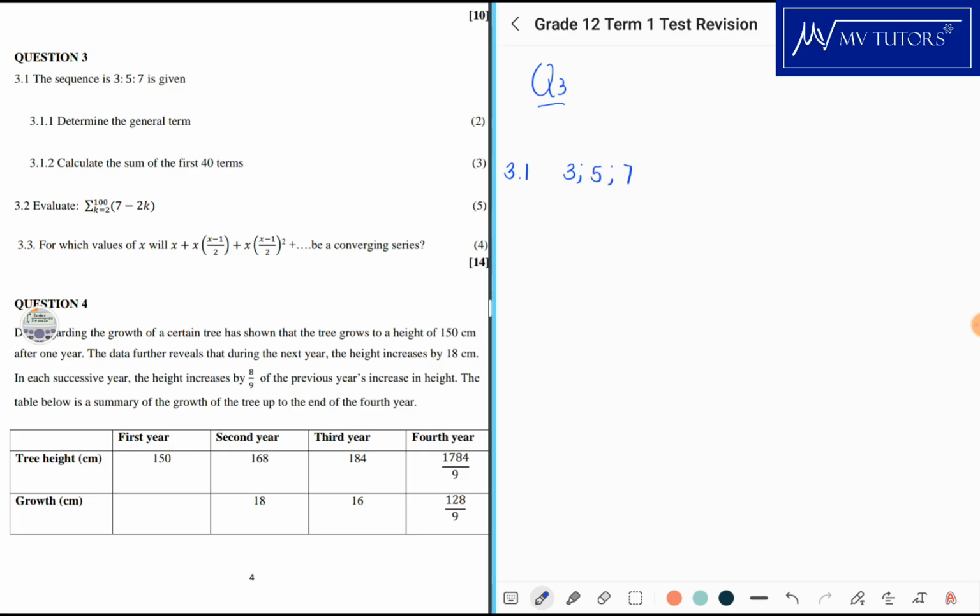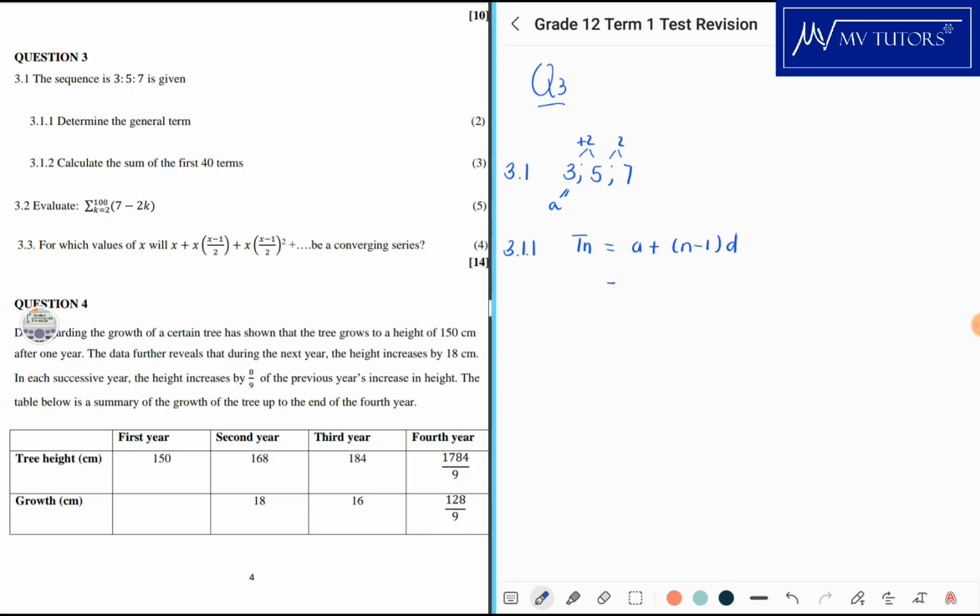So we have the sequence given, 3, 5, 7. You can already see we just keep adding 2 to get to the next term, right? And now for 3.1.1, it says determine the general term. All right, so we have our formula Tn is equal to A plus n minus 1 times D. We already know that D is 2, positive 2, and A is 3.